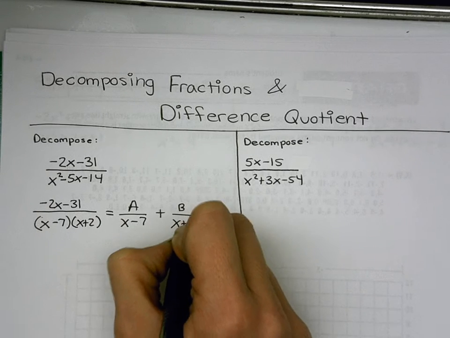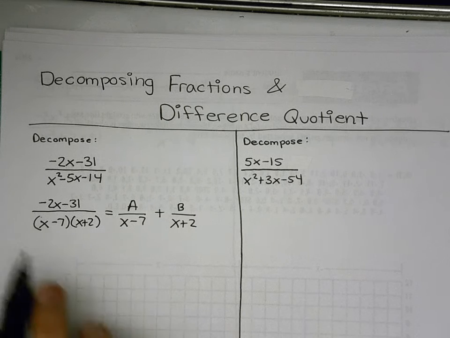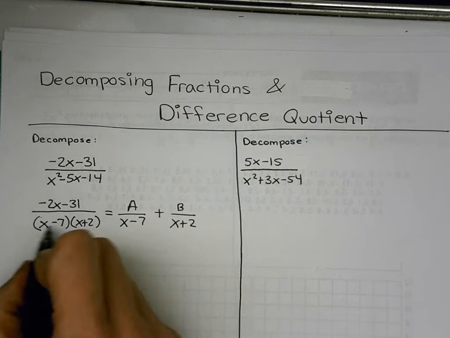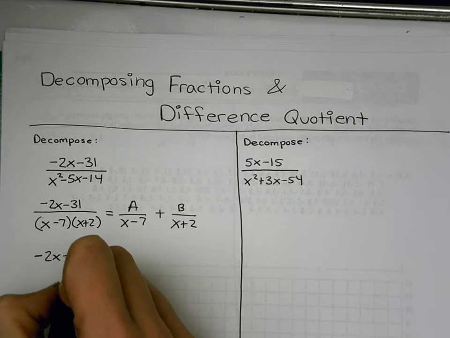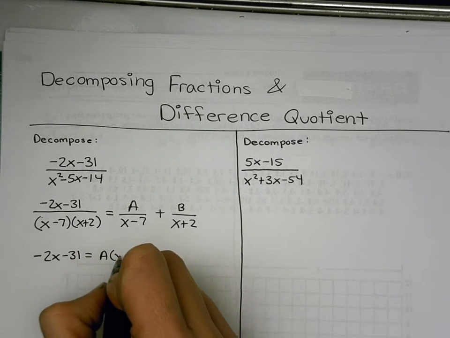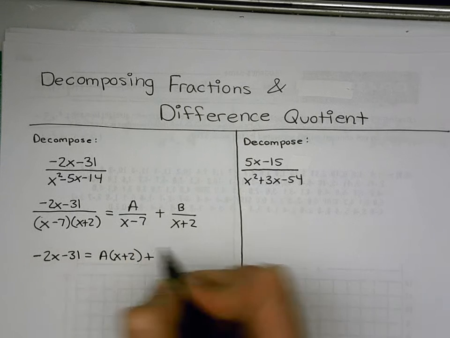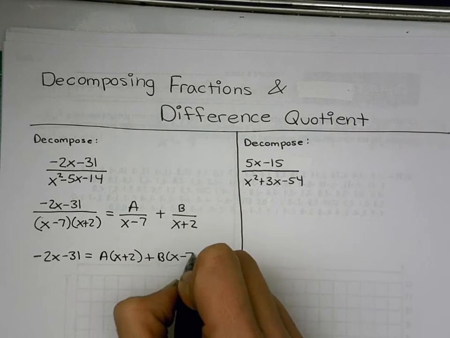It does not matter which one is under which. Then we multiply those denominators through, so these denominators get canceled. The x minus 7 will get canceled, which will leave the a with the x plus 2, and the x plus 2 will get canceled, which will leave the b with the x minus 7.